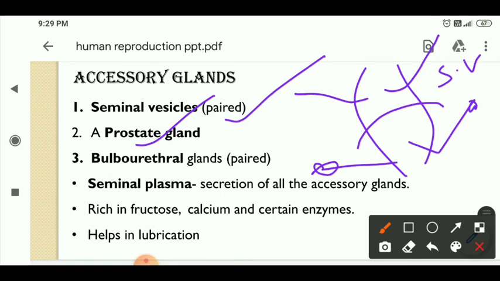First, we understand the seminal plasma. The seminal plasma is the secretion of all the accessory glands. It is rich in fructose, calcium and certain enzymes, and helps in the lubrication of the penis.